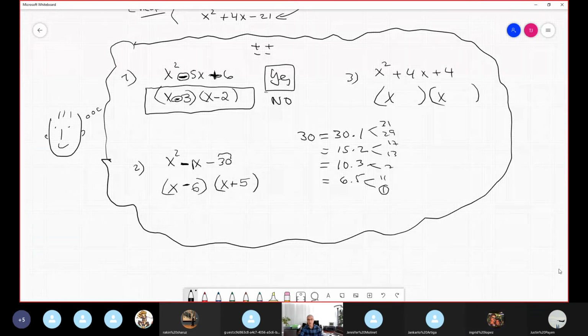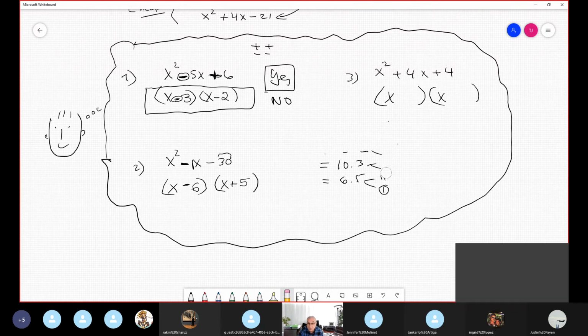Yes. Okay. So, and the number 3, what is the key to open the door? Two numbers that multiply to give me 4, and add to give me 4. Two numbers that multiply to give me 4 and add to give me 4: it's 2. Very well. Because 2 times 2 is 4, and 2 plus 2 is 4. It's a coincidence. And when this situation happens, let me introduce this idea.